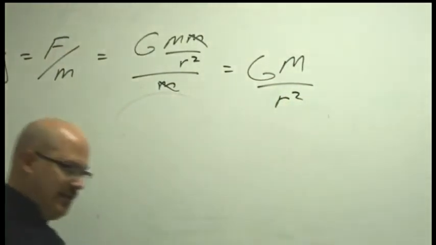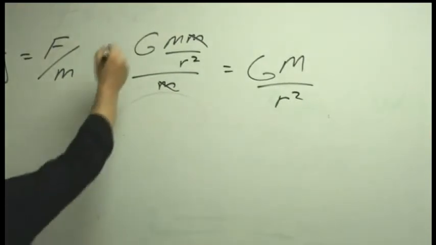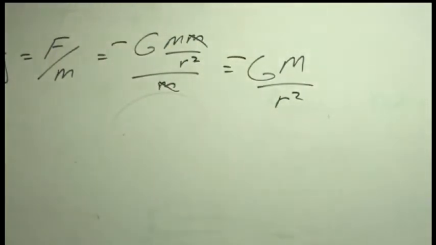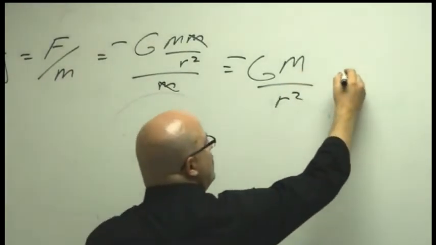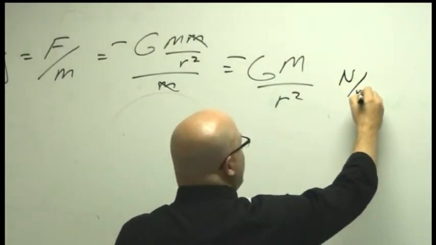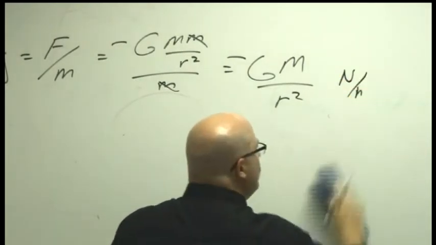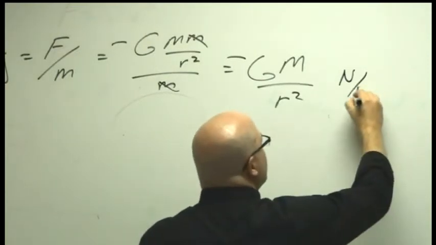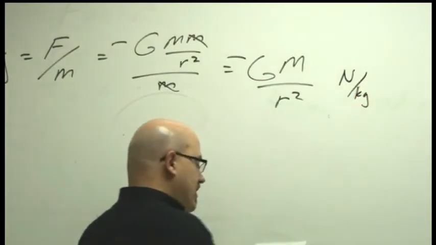That's gravitational field. By the way, there is a negative in here because it is pointing inward along the radius at all times. That's the mass of the planet. It's in units of newtons per kilogram, which is meters per second squared.